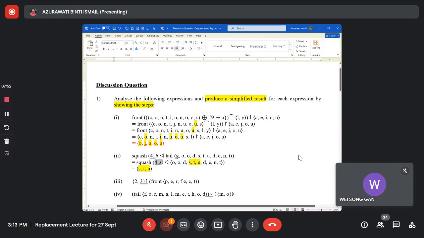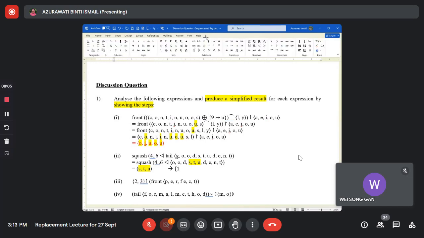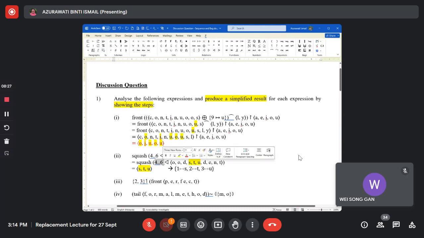But because the number is 4 to 6, after you do squash operator, if you want to convert to function style, the numbering will be different already. The numbering will be 1 maplet to S, 2 maplet to T, and then 3 maplet to U. So if you convert to a function, the numbering here will not be 4 to 6 anymore. It will be 1 to 3 already.